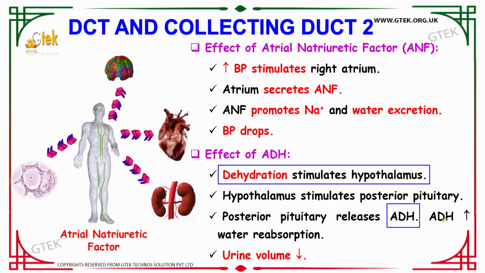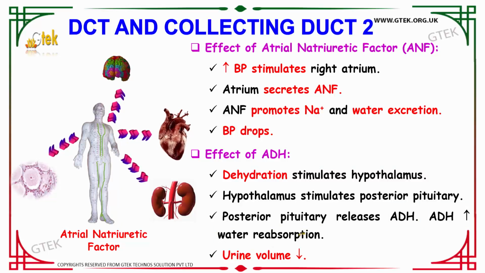If the level of ADH is increased, it leads to water reabsorption. So once your water is reabsorbed a lot with the increase in ADH, the urine volume that is produced will become down. So this is the effect of ADH production.